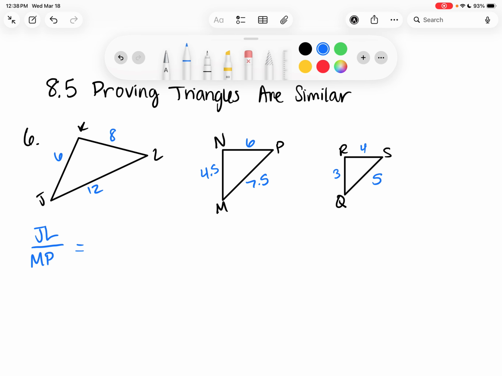And that should, in theory, be equal to, if they're similar, KL over NP. And that should also be equal to JK over MN.